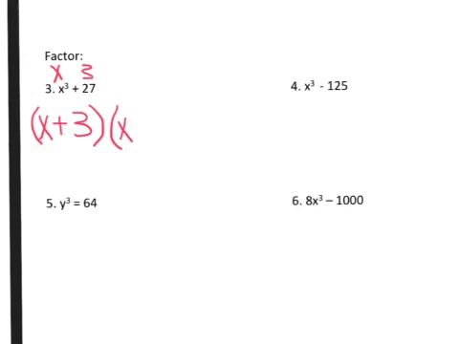Your first number squared. Opposite sign. First times your second number. And then your second number squared. And that is always positive. You guys try number 4.